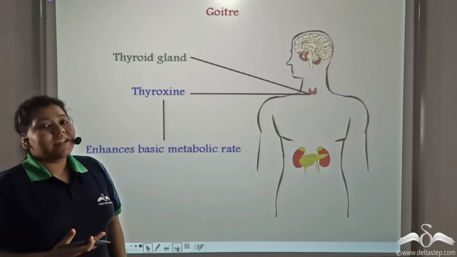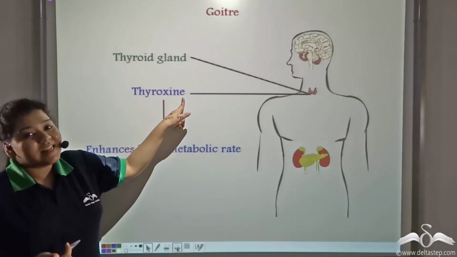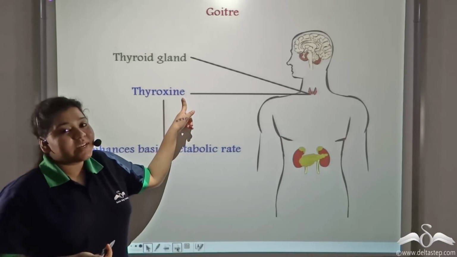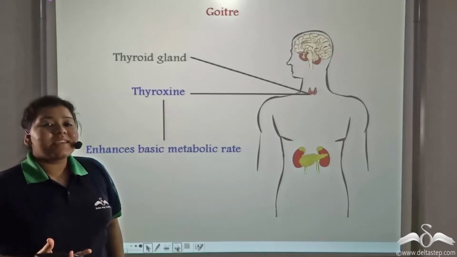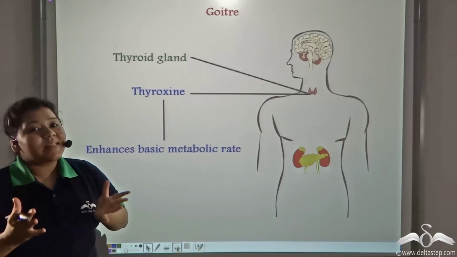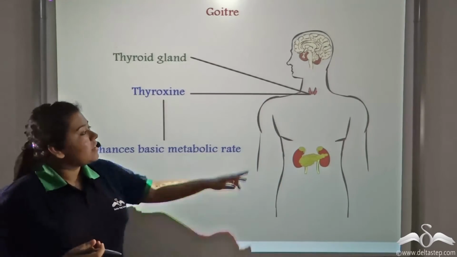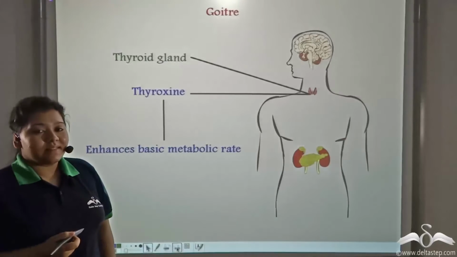This thyroid gland secretes thyroxine normally in a healthy person, but in a patient who's suffering from goiter, his or her thyroid gland secretes less amount of thyroxine and it swells. So since the thyroid gland swells, in return, the throat area swells as well.